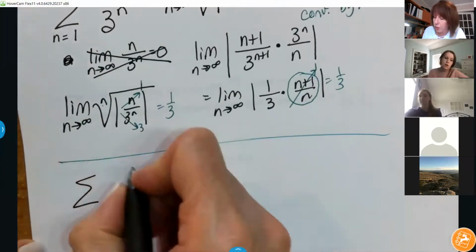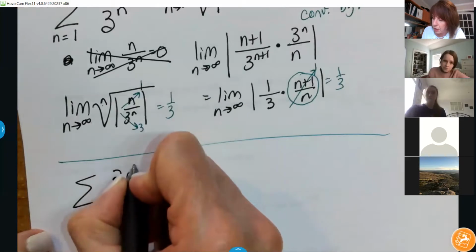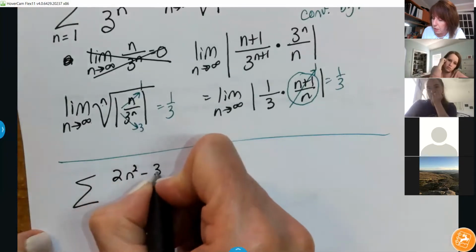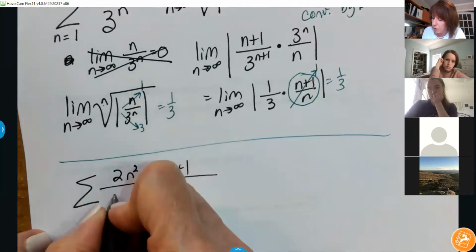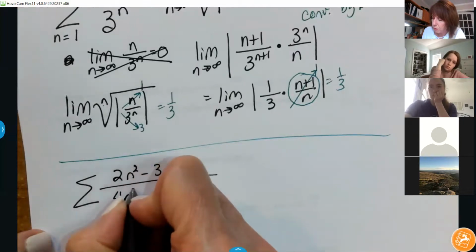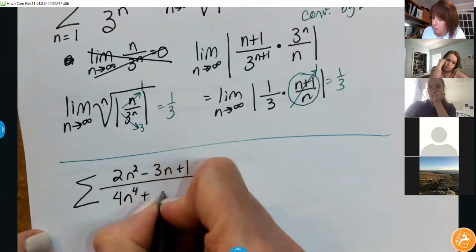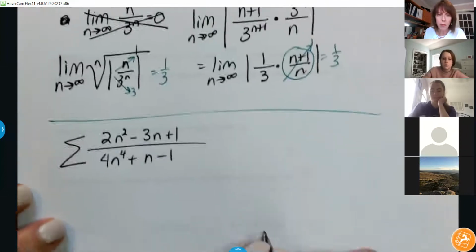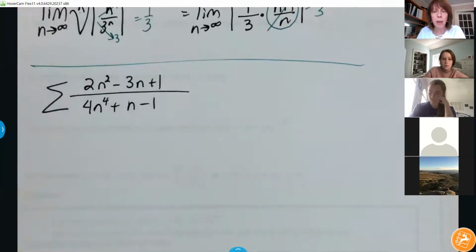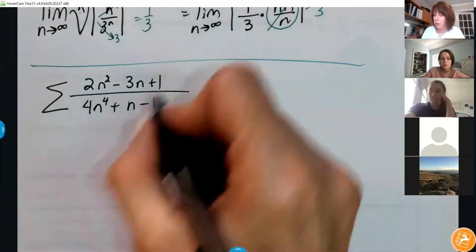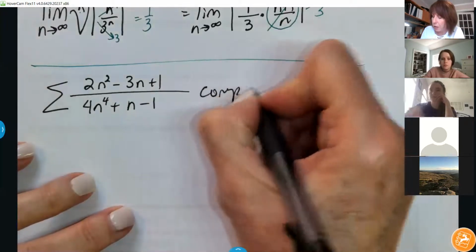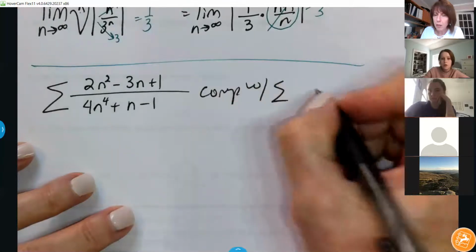Which test would you use for this, you guys? Which test would you use for that one? Limit comparison. What does this behave like? What would you compare it with? 1 over n squared.